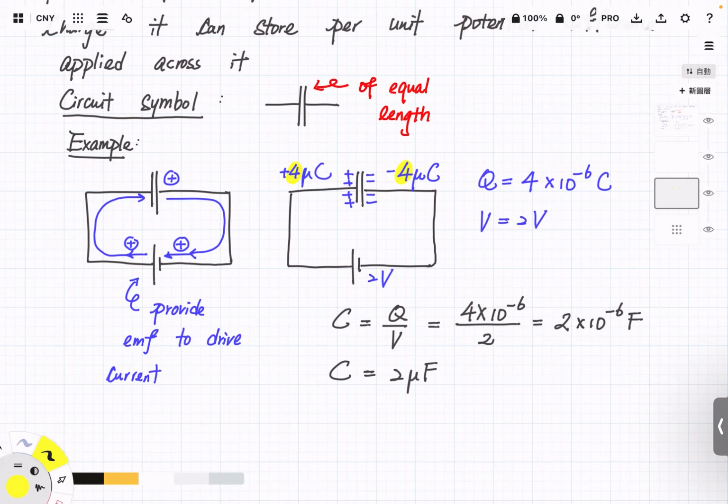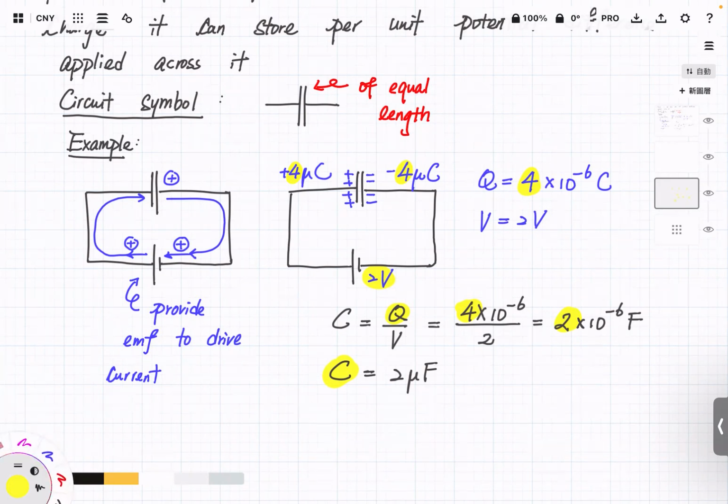Then that means it will affect the value of Q, hence I will affect the value of C, and then C will become larger. Agree? So if you can have more charges stored on a capacitor, then with the same cell here, you can put more charges on it. That means this capacitor has more ability to store charges.